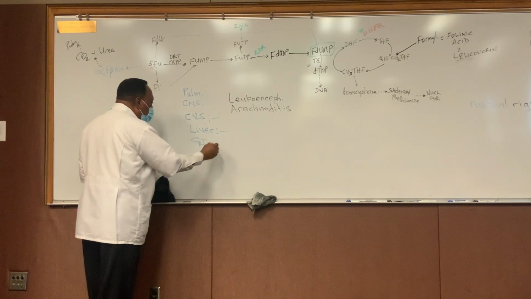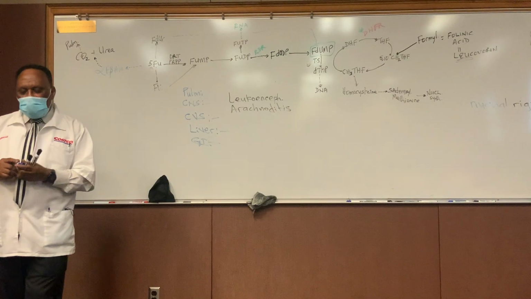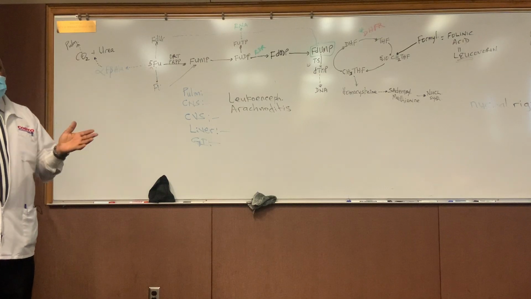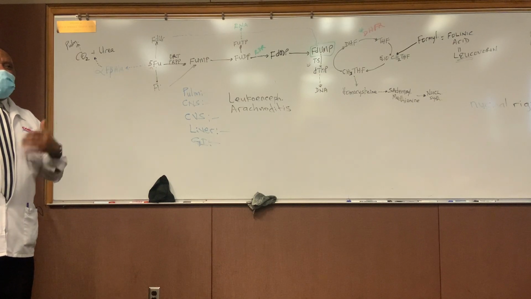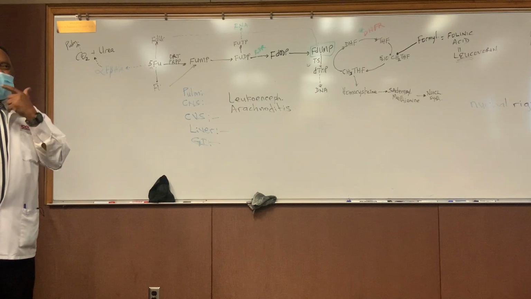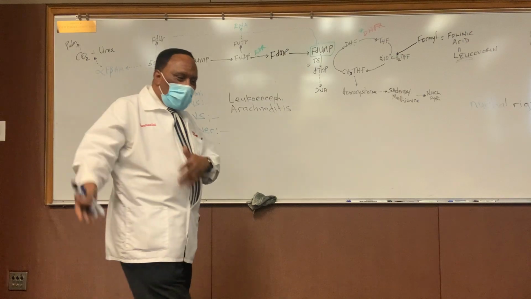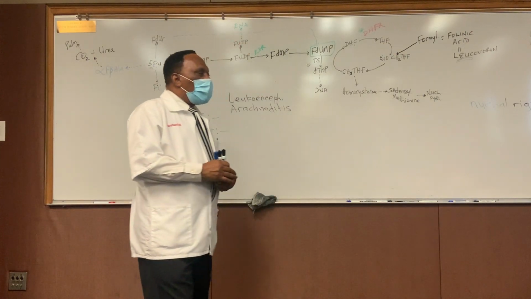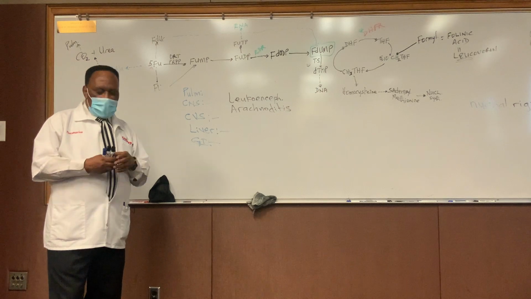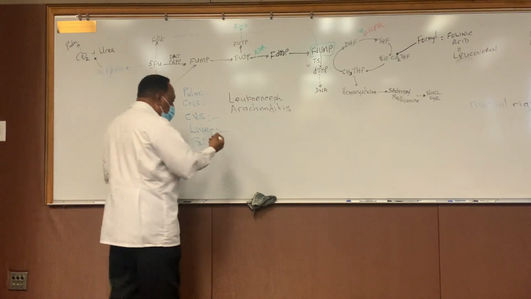GI we mentioned as the TLT, but you can get your regular, not all the way to hemorrhagic enteritis. You can get your nausea, vomiting, diarrhea, and you can get stomatitis, and you can get gingivitis.